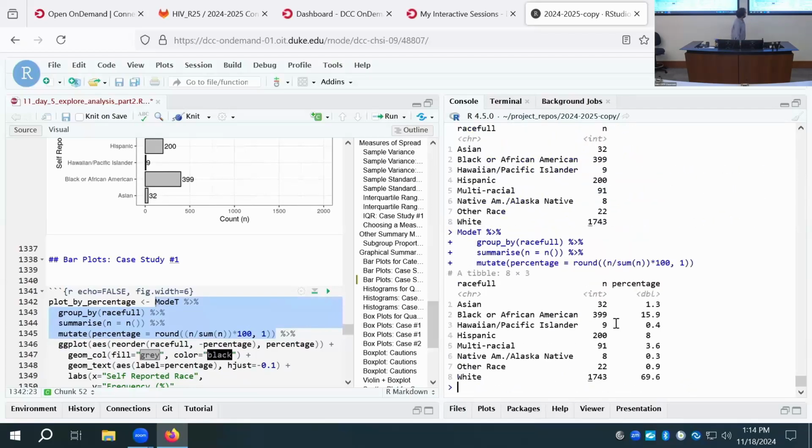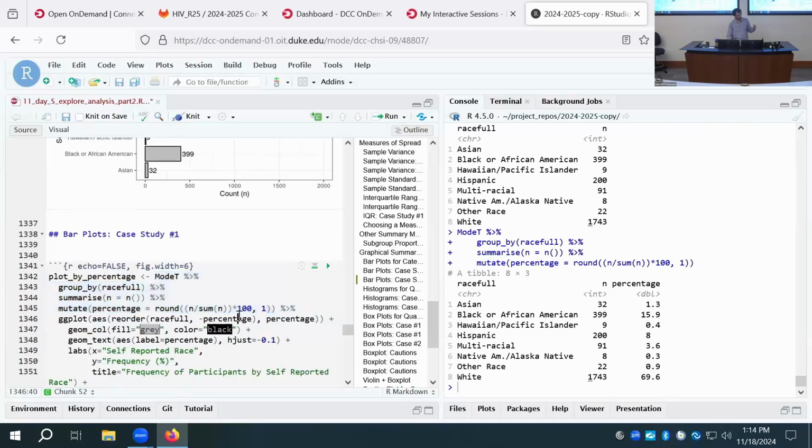So we get that. We now have, okay, 1.3% of the group identified as Asian, 15.9 identified as Black or African American, and so on. And now we pass it to ggplot, and instead of the N, we pass the percentage.